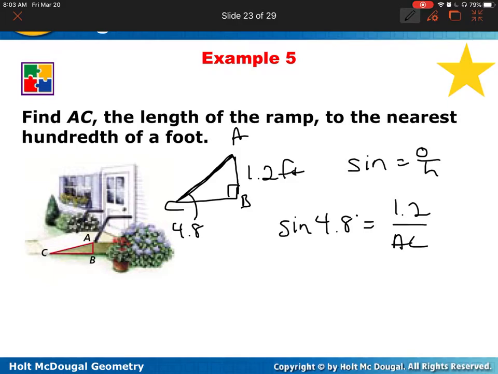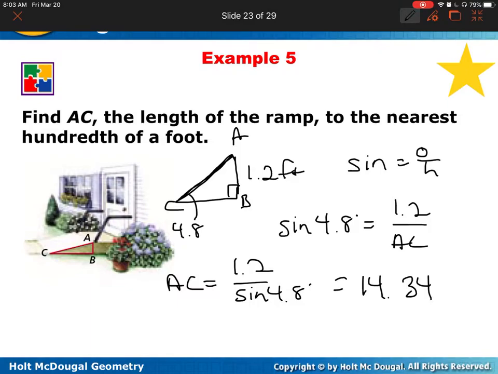Again, we can flip those so that we've got AC equals 1.2 over the sine of 4.8 degrees. And when we solve that, we get 14.34 feet. The length of the ramp is 14.34 feet.